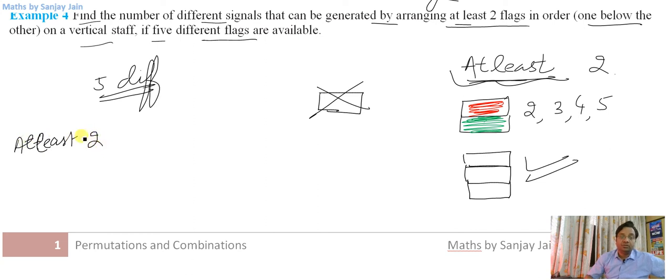At least 2. So whenever you see "at least", try to see, this is the minimum number of flags that I want, so I can use more than these, right? So this is the least number. So what I'll do is I'll always try to convert at least or at most to exactly. So what are the options available with you?